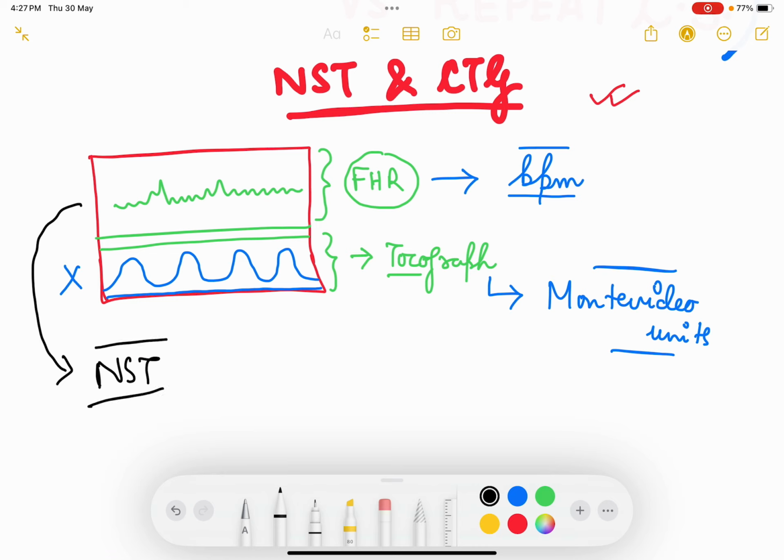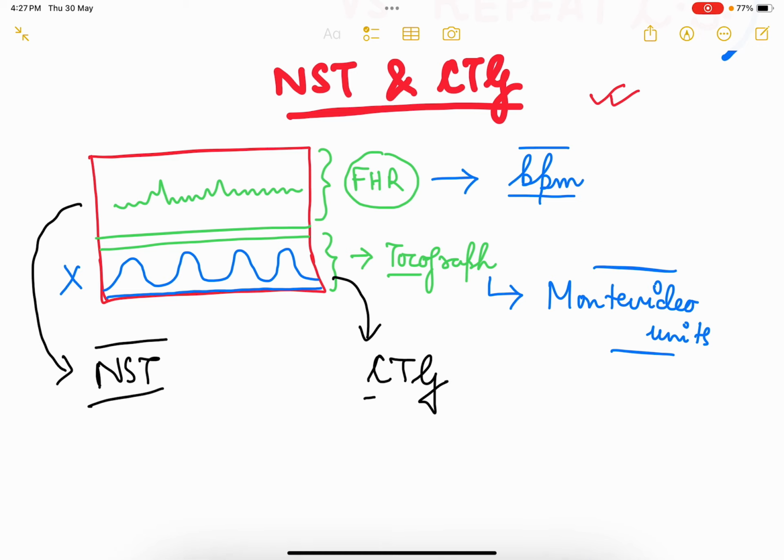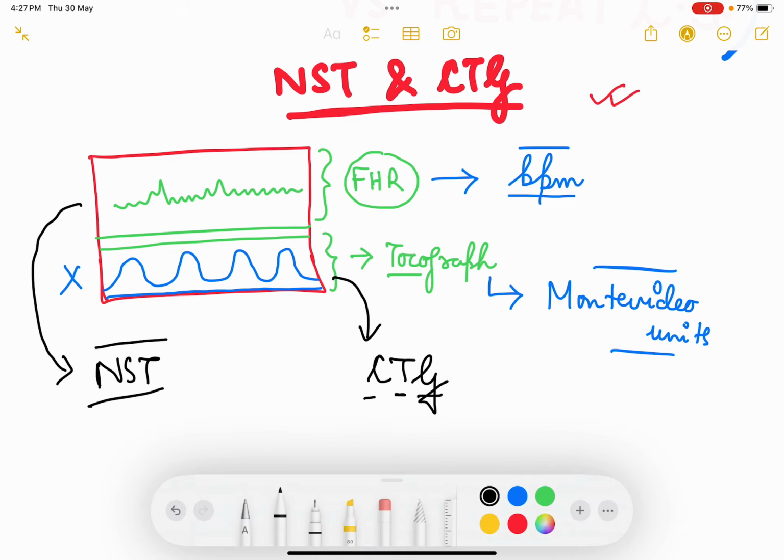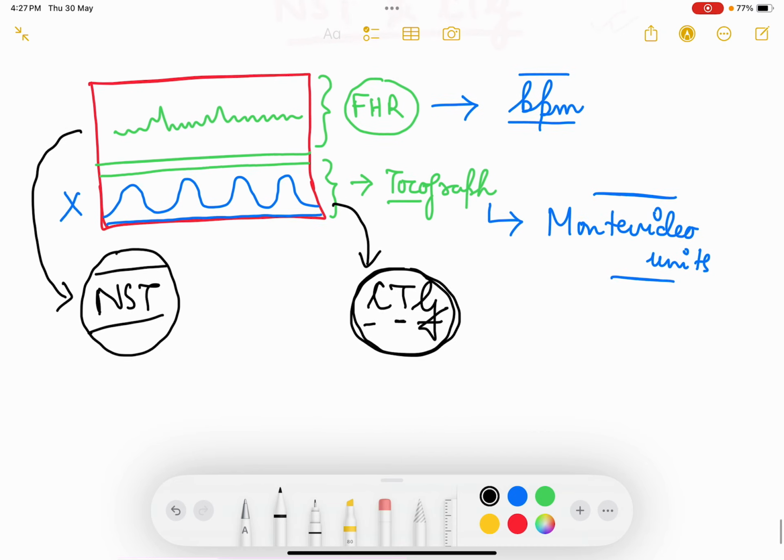Whereas when the tocograph is showing uterine contractions, then fetal heart rate is also there and contractions are also there, then it is a CTG, that is cardio, fetal heart, toco means contractions, and graph. So it has both cardio and tocograph. Okay, so it is very important at the very onset when you see the strip to find whether it is an NST or a CTG. So the first thing is to identify whether it is NST or CTG.